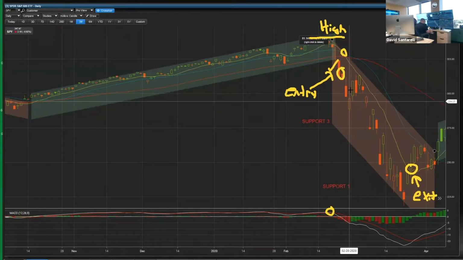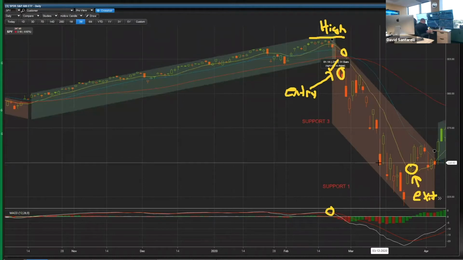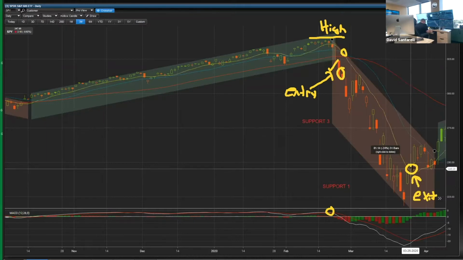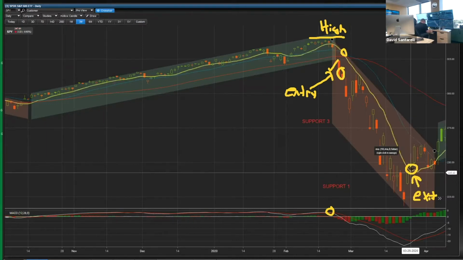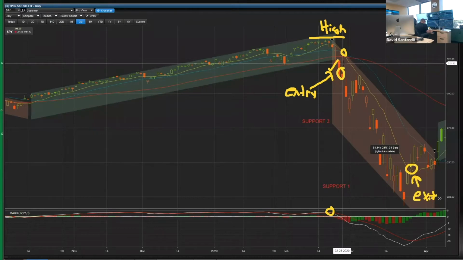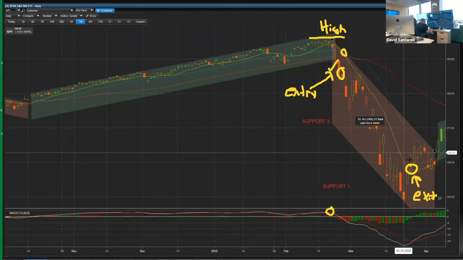You dropped, you came back up to that 10, you dropped again, up to that 10, dropped up, and then you're dropping lower. Now, what happened is you got your first green candle with the entire body above that 10-day simple moving average. And that happened on March 25th. So for one entire month, 30 days, you were in this put.